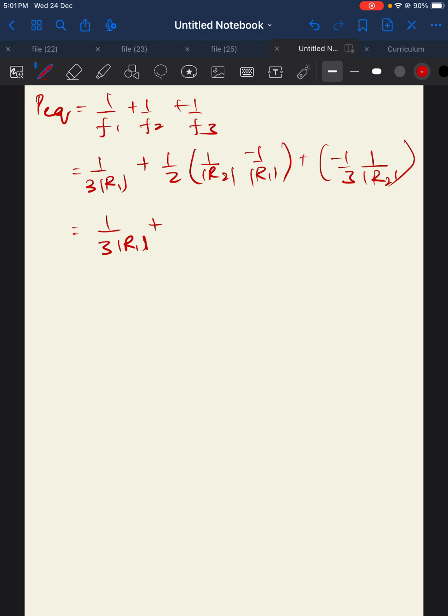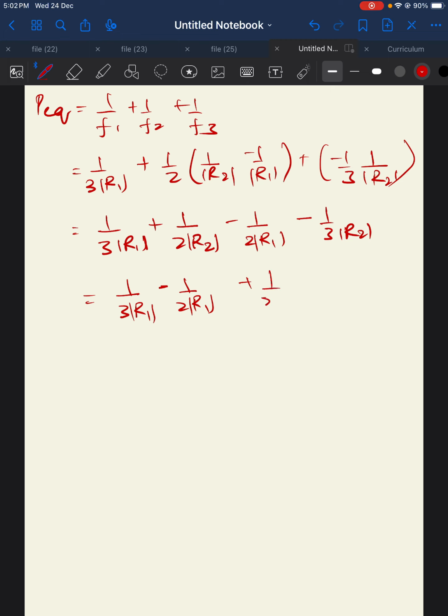Let's take the R1 terms on one side and the R2 terms on the other side. So 1 by 3 R1 minus 1 by 2 R1, right? Plus 1 by 2 R2 minus 1 by 3 R2.